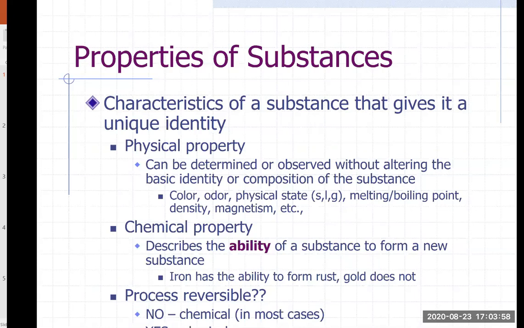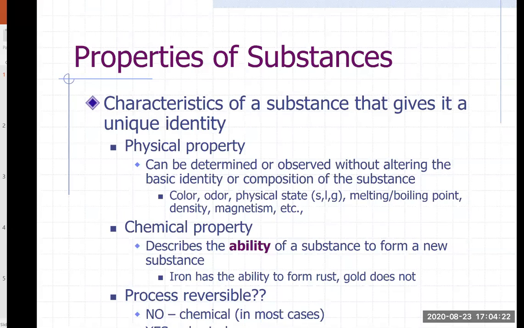Characteristics of substances give them a unique identity, and scientists can actually determine an unknown by looking at some of those characteristics that are associated with substances. And the first thing we want to look at are physical properties, because those are the easiest things to determine. Physical properties can be observed without altering the basic identity or composition of a substance.